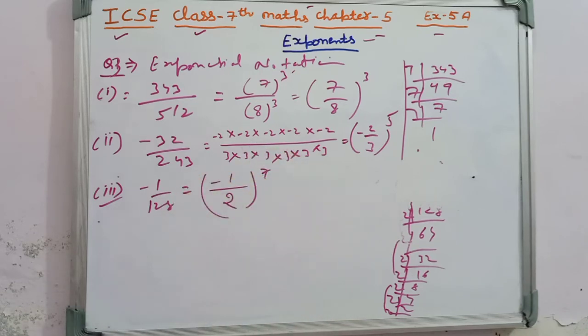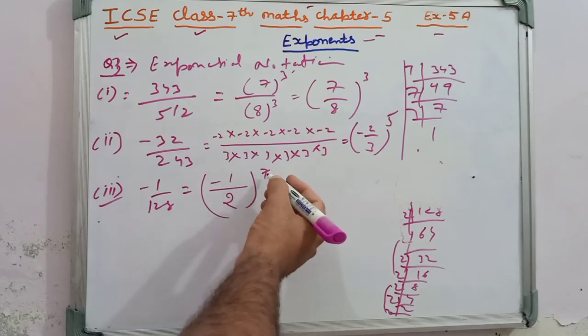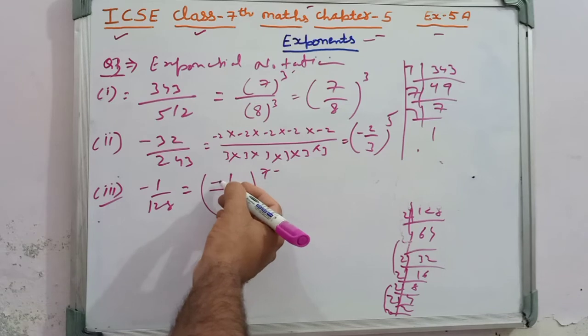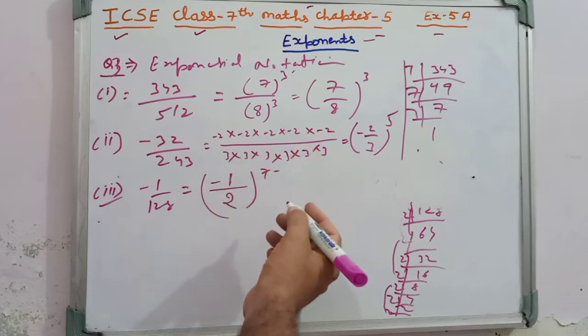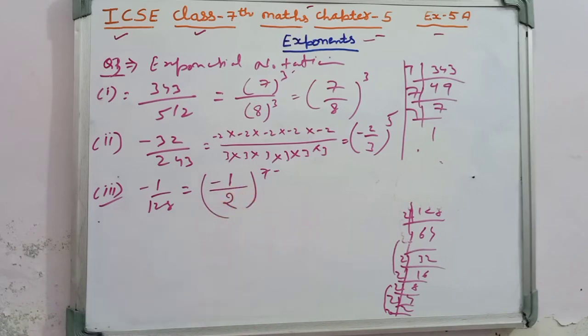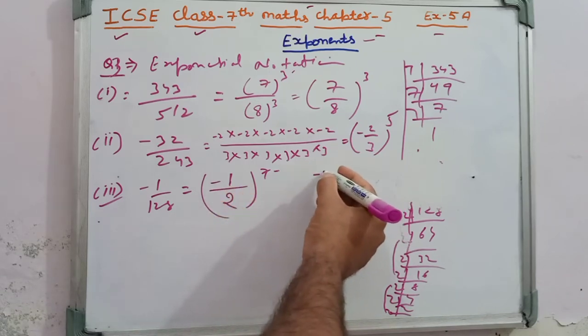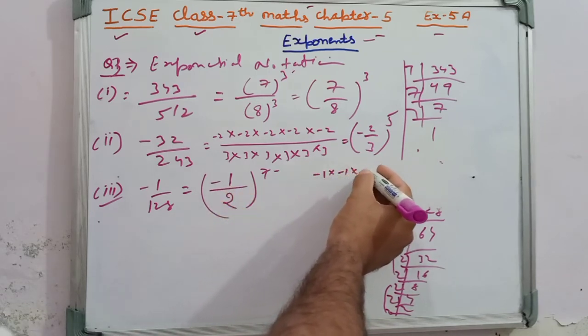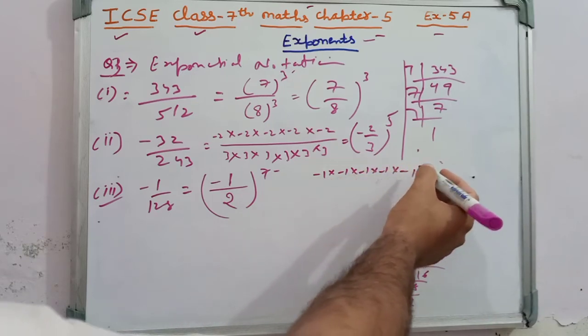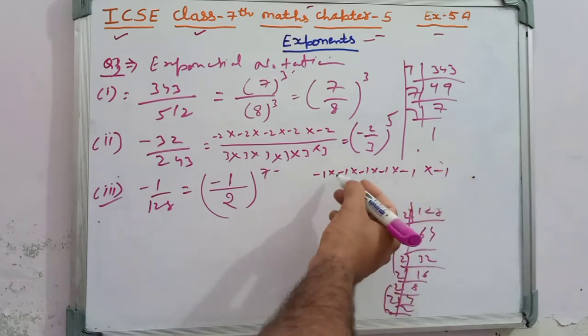Now keep one thing in mind. If the power 7 is an odd number, then it will carry minus with it. Suppose it has come 6 times, then the minus would have gone. See here, minus 1 minus 1 minus 1 minus 1 minus 1, 5 times.